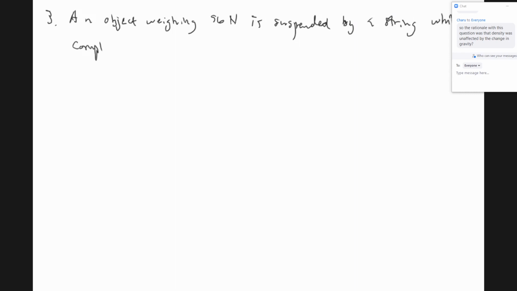We know that an object weighing 96 newtons is suspended by a string while completely immersed in water.